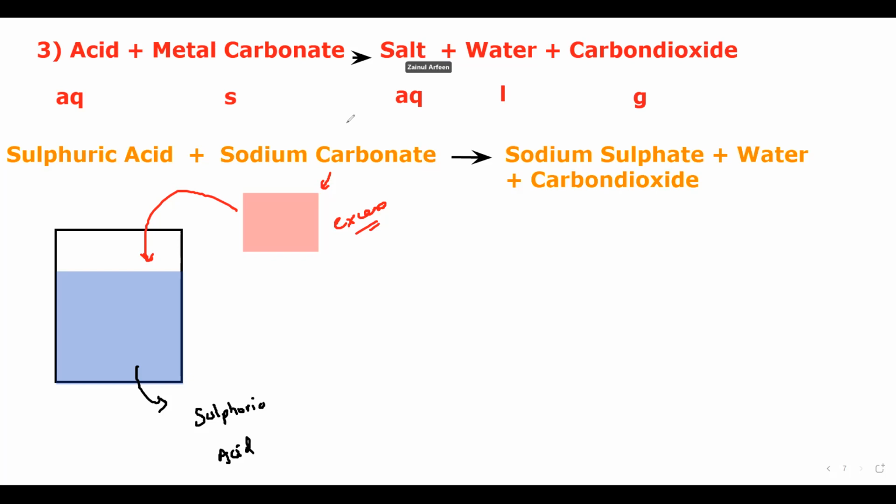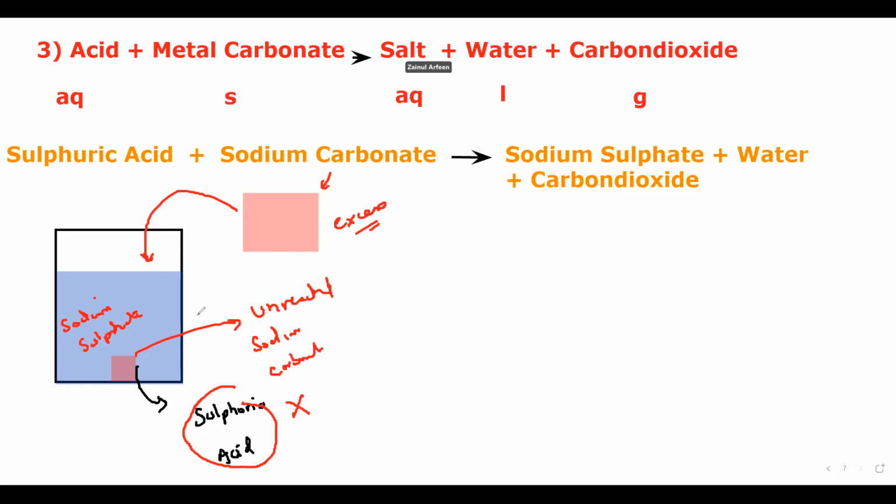So if we use too much sodium carbonate, it will react, and at the end some of the sodium carbonate will be left. Because the acid is used up, originally it was sulfuric acid, but now it is sodium sulfate solution, and this is the unreacted sodium carbonate.